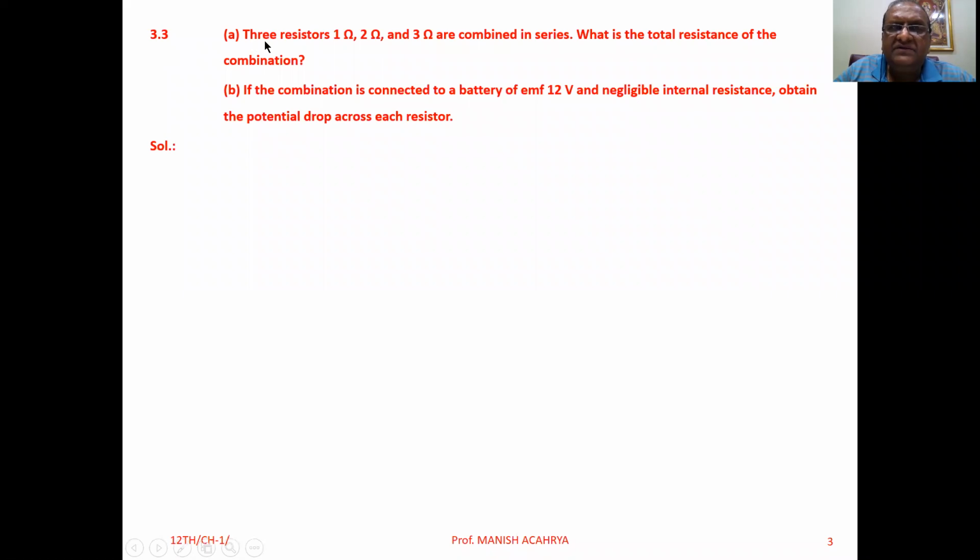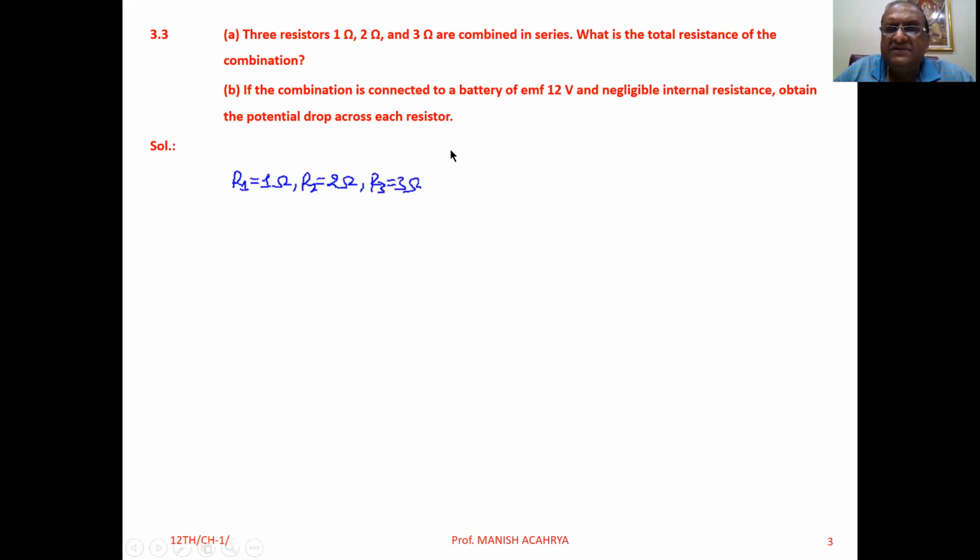3.3. Three resistors 1 ohm, 2 ohm and 3 ohm are combined in series. What is the total resistance of the combination? B. If the combination is connected to a battery of EMF 12 volt and negligible internal resistance, obtain the potential drop across each resistor.